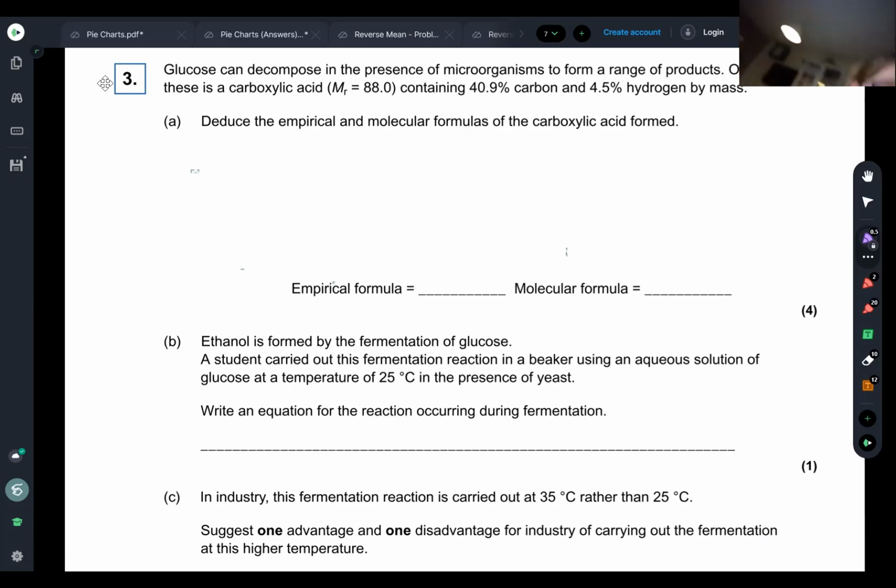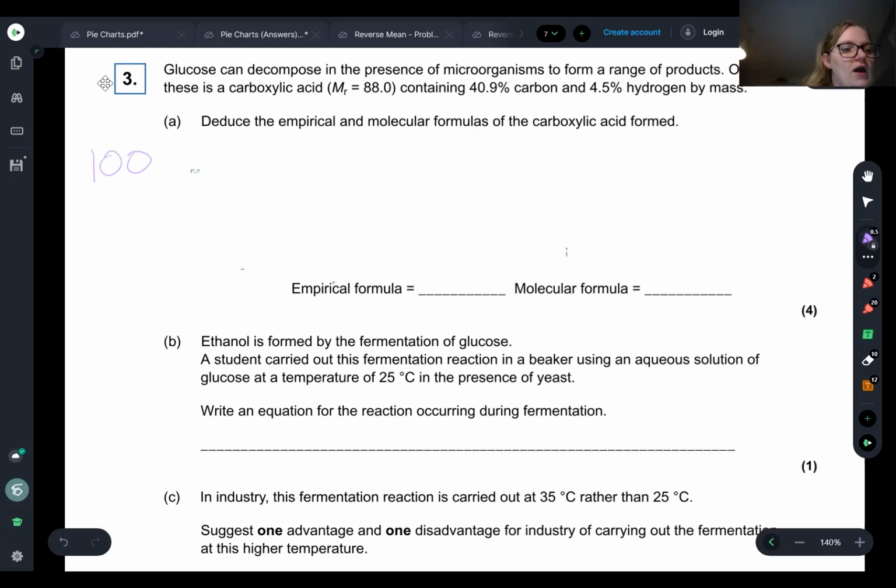So obviously this is done in percentages, so we've got our 100%. All we're going to do simply is take off the percentages from this.